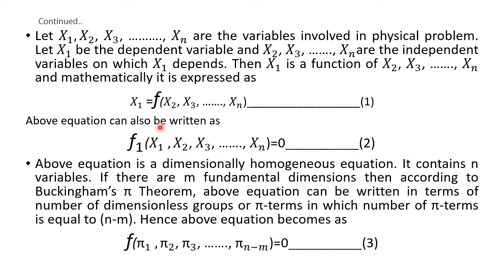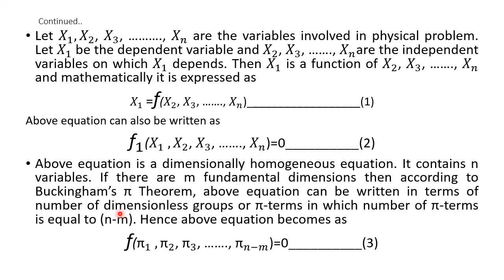I can also write this equation as a function of x1, x2, x3 up to xn is equal to 0. The above equation is a dimensionally homogeneous equation. It contains n variables, the sum of dependent as well as independent variables.